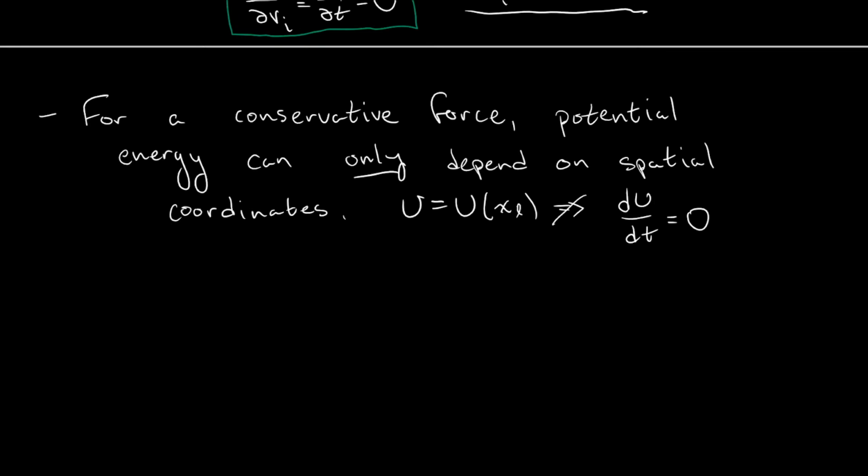In fact, this is telling me that the only time dependence the potential energy will have is from the sources moving, because the only time dependence that can show up in U is from the time dependence in my degrees of freedom.